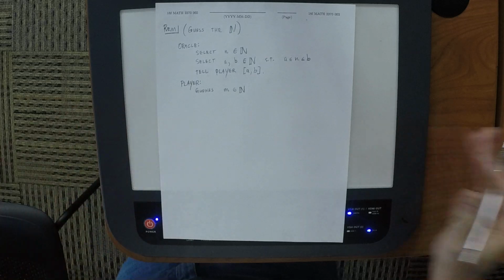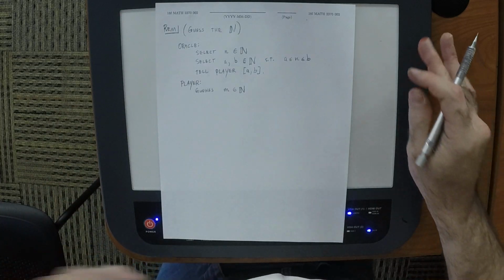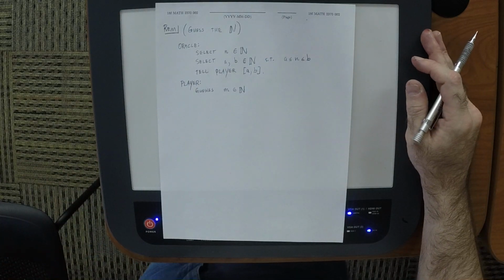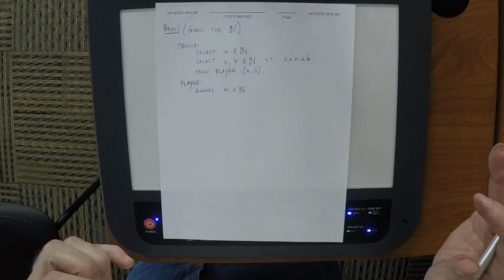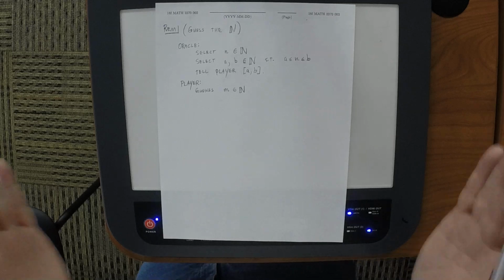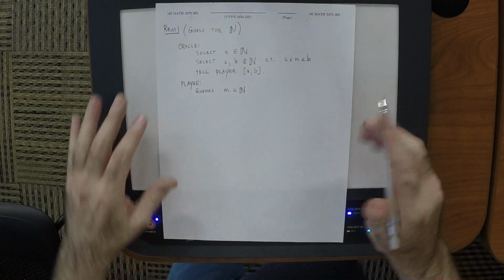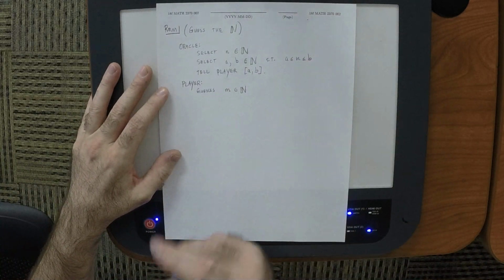So if I say something like, I'm thinking of a natural between 1,000 and 5,000, and you say, is it 3? No, it's not 3, right? It's between 1,000 and 5,000, so it's got to be in there.